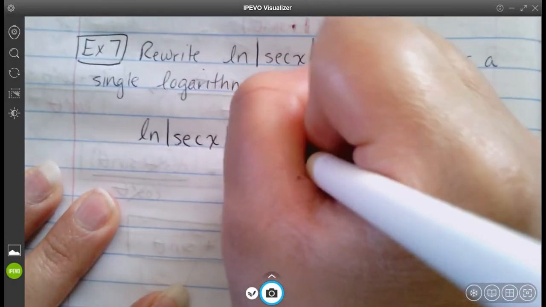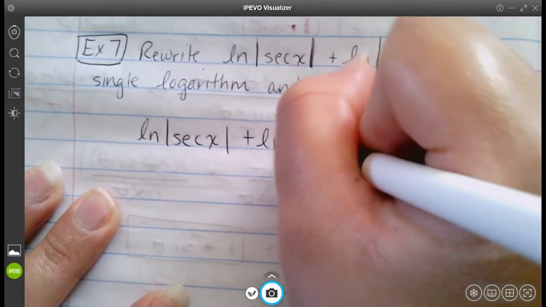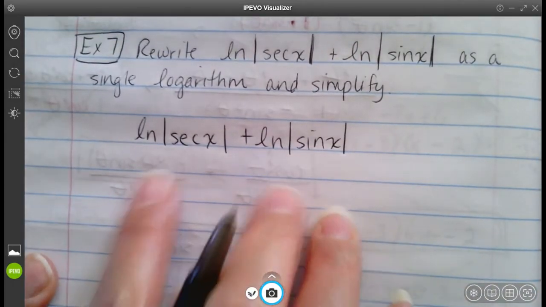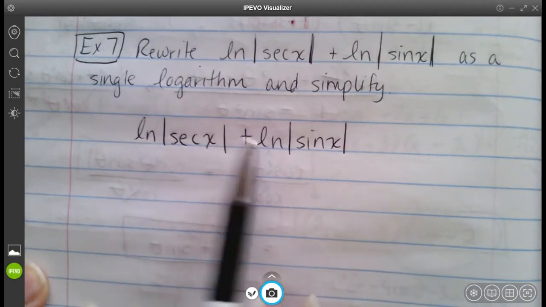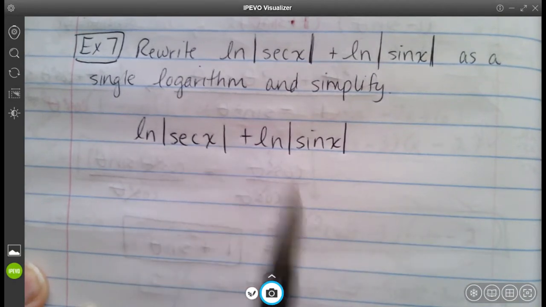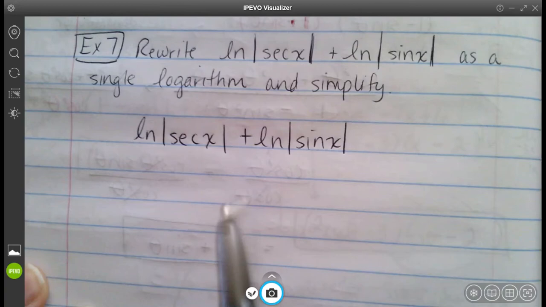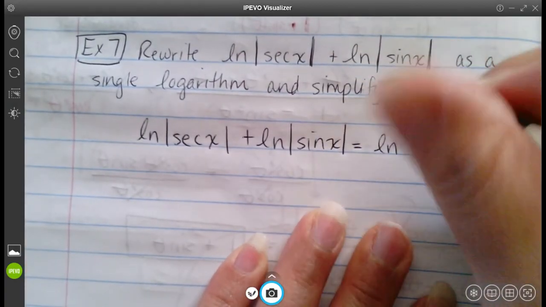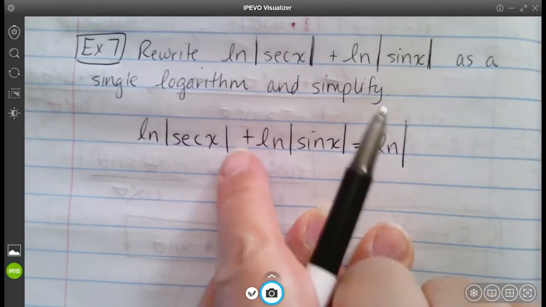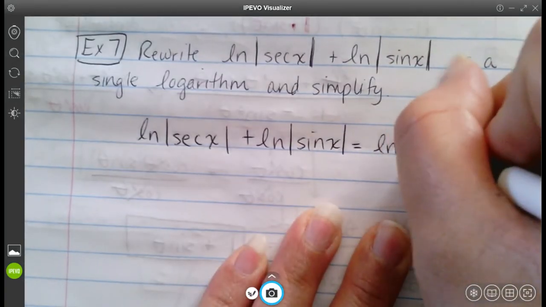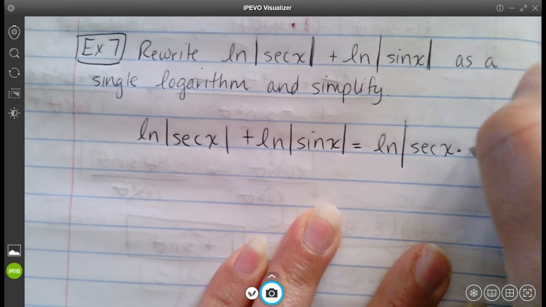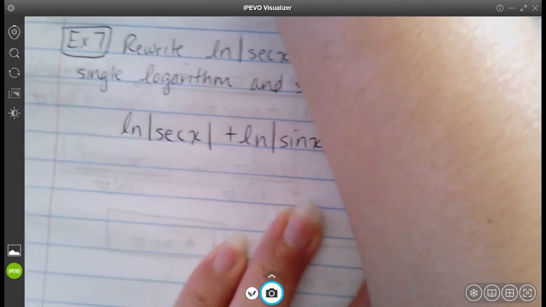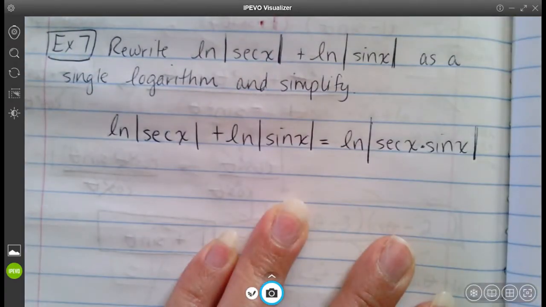Okay, so if you don't remember, I'm going to remind you, that when you are adding logarithms that have the same base, in this case these are both natural logs, so they do have the same base, we can condense them to a single logarithm. We can do that by, since we're adding, we end up multiplying. So secant of x times sine of x. So we are allowed to do that based on the rules of logarithms, okay?